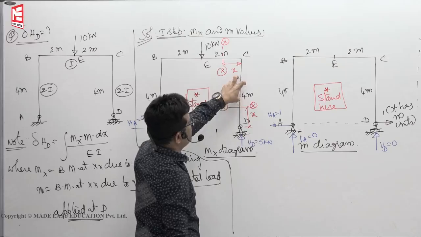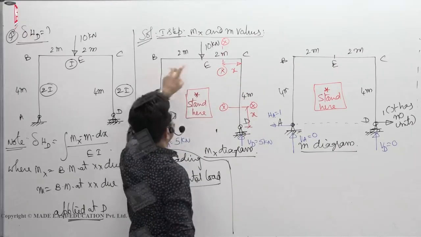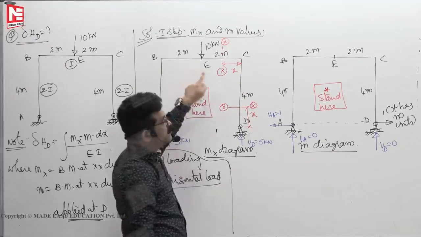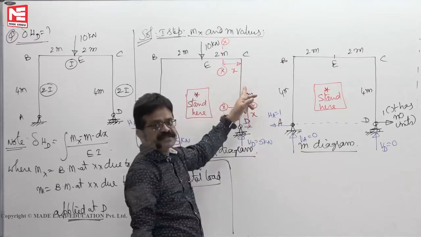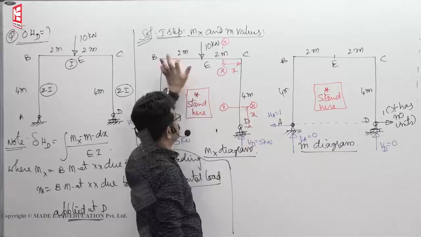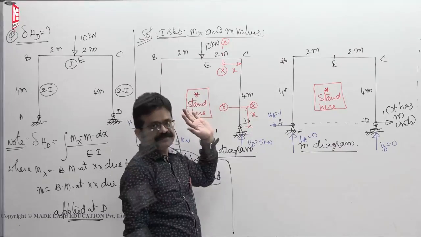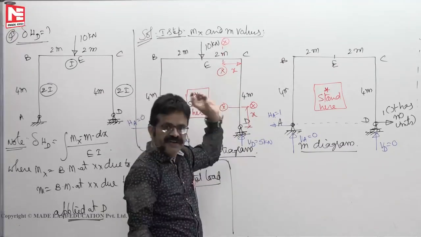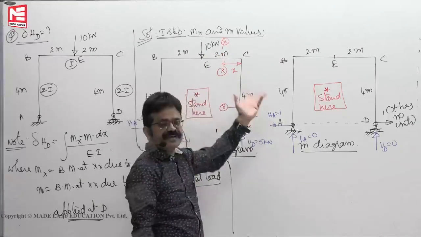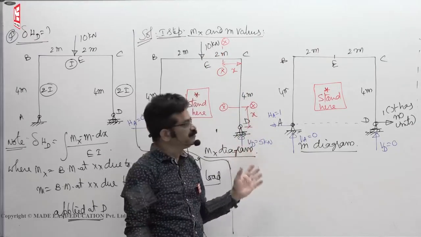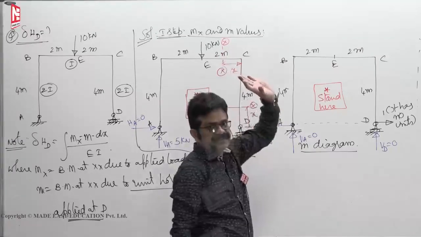If I know the strain energy of this one, the same is here. So find the strain energy and deflections due to these two members and multiply by 2. This contribution comes because of the symmetry of the structure and of the loading. Member forces, bending moment, everything is a mirror reflection. So only two members we have to calculate.